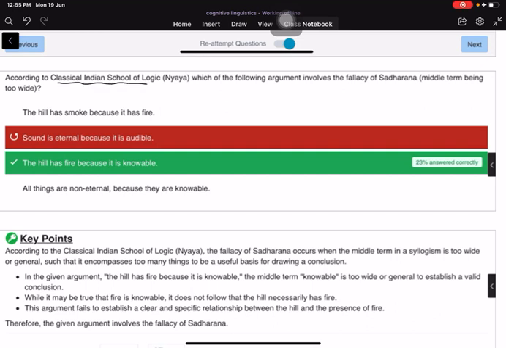According to the classical Indian school of logic, which of the following argument involves the fallacy of sadharan, that is the middle term being too wide? Sadharan. The hill has fire because it is knowable.